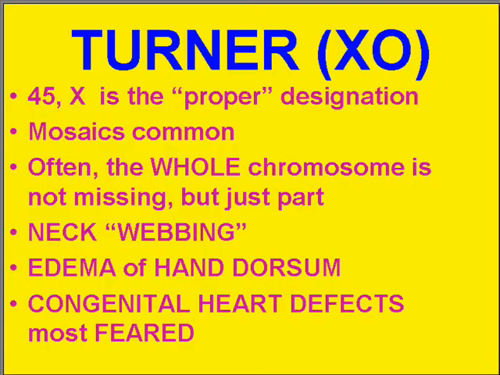In Turner syndrome, the female counterpart, you do not have 2 X chromosomes in a female, you only have 1. Although mosaics are common, where only some tissues will show it and some won't. The classical features of Turner syndrome are neck webbing, edema of the dorsum of the hand, and usually congenital heart defects are often, or certainly they're the most feared ones.